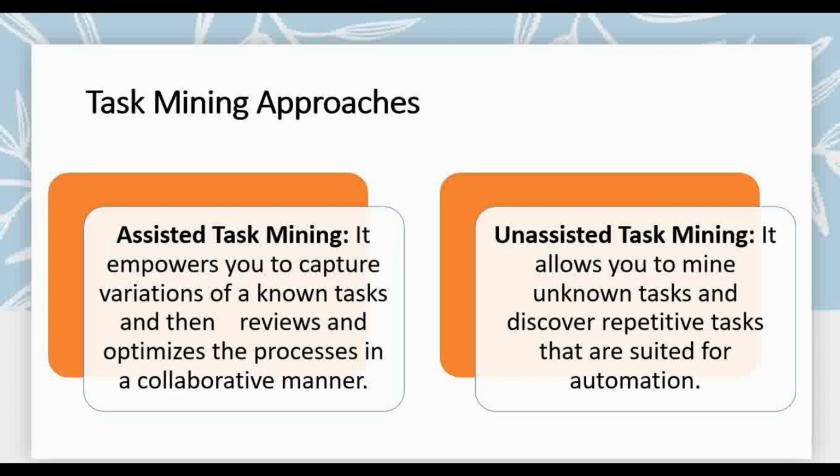It empowers you to capture variations of a task and then review and optimize the process in a collaborative manner. You have to manually record each and every step, and it will help to collaborate these recordings and give you a process flow that will help to understand the automation scope.